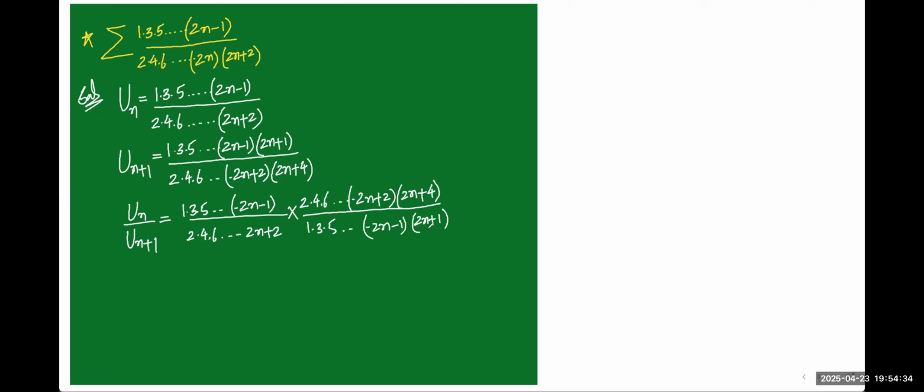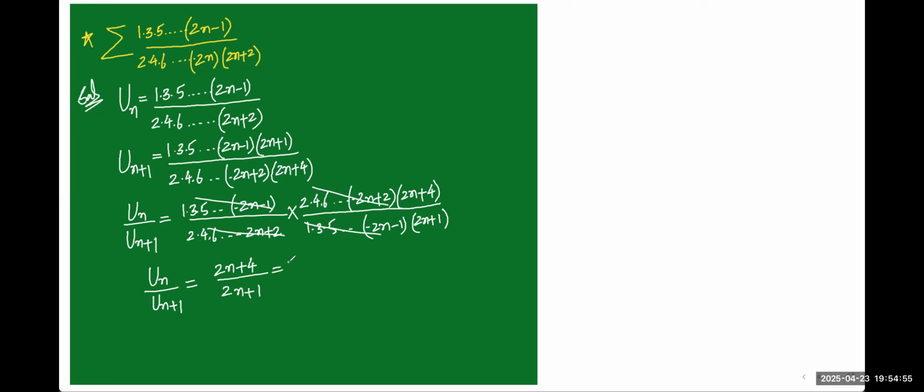Now look at how many terms are cancelled: everything up to 2n minus 1 and up to 2n plus 2 cancels. Un by un plus 1 is what we get: 2n plus 4 by 2n plus 1.